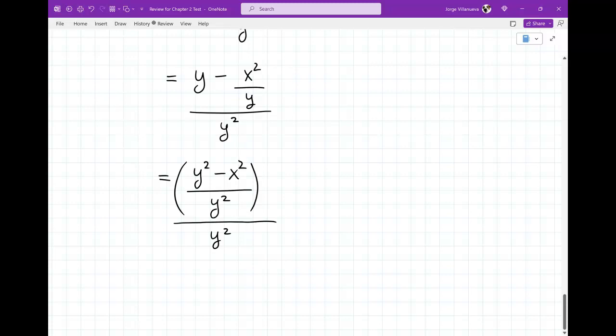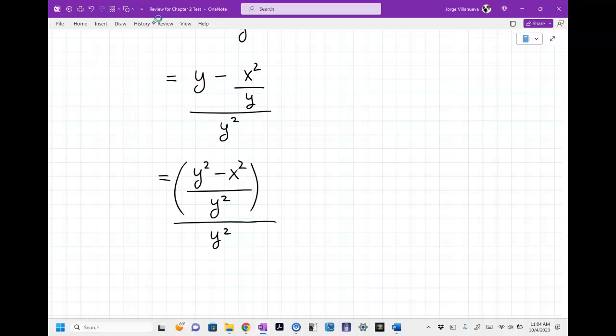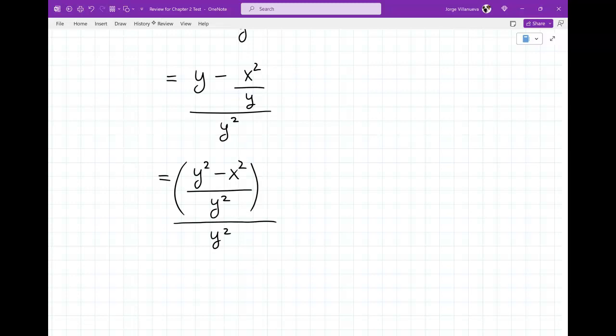In order to combine this with that, they have to have the same denominator, right? But the only way that y can have the same denominator as this is if I multiply this by y over y. So this becomes y squared over y. So if you want, I'll show you that step. It becomes y squared over y minus x squared over y. That's what this is.